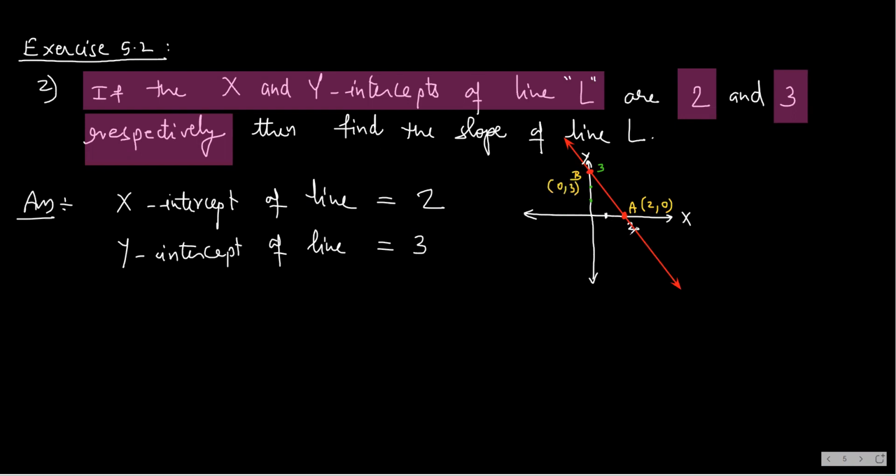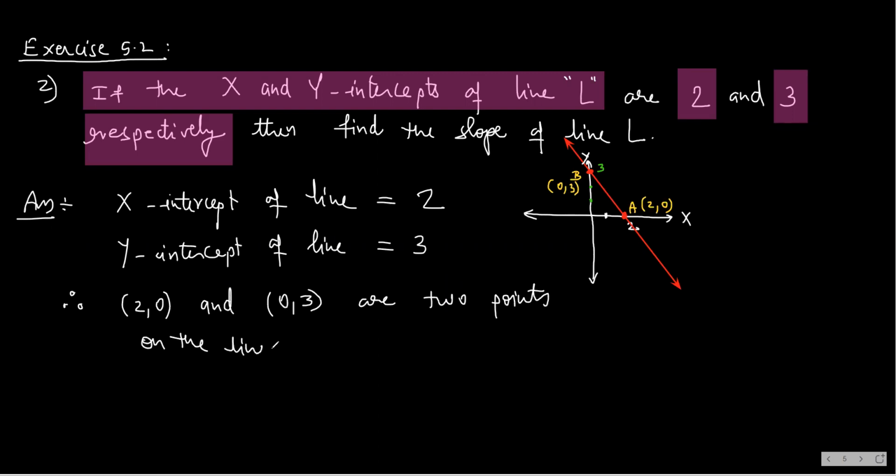So I can say, therefore, (2, 0) and (0, 3) are 2 points on the line. Remember that, students: (2, 0) and (0, 3) are 2 points on the line.